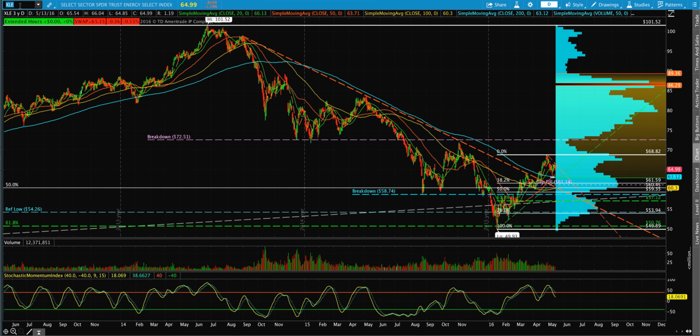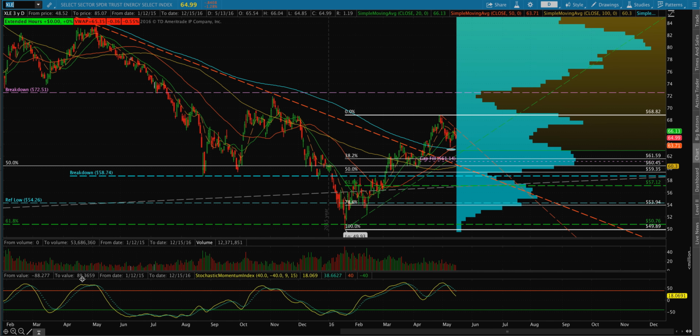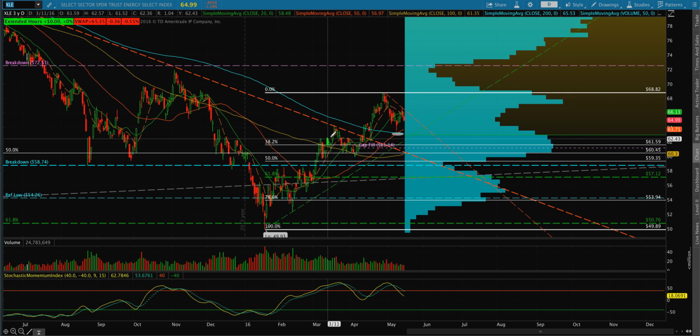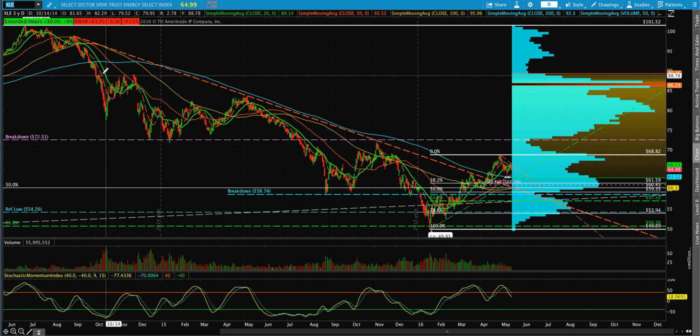Same thing with XLE. We broke a very long-standing downtrend, a very ugly downtrend. You can see we spent some time here underneath, with the pullbacks getting less and less steep, broke out, retested, now broke. It's just chopping around. The 200 MA was a lot of resistance. You can see once it snapped here, we never really saw it again.